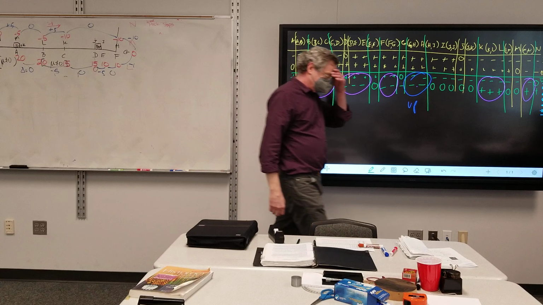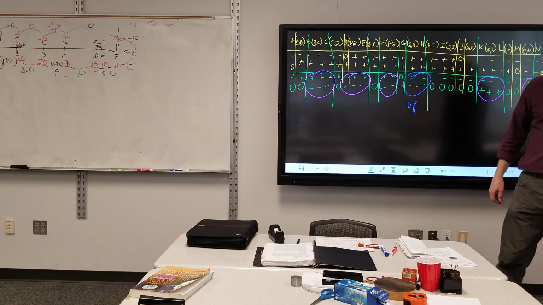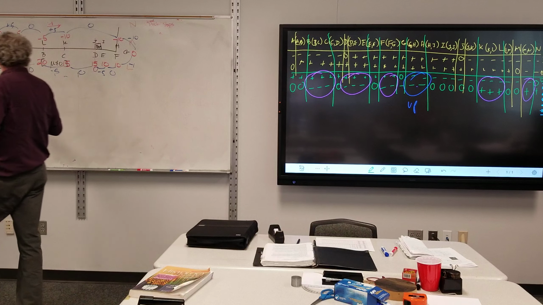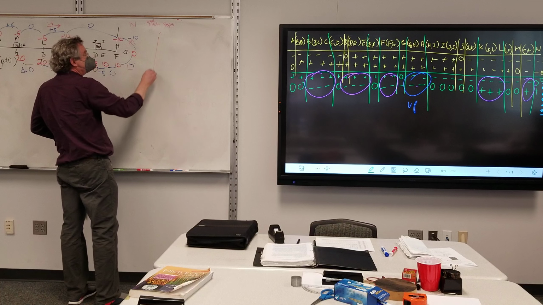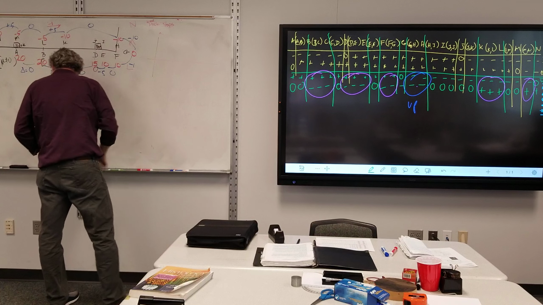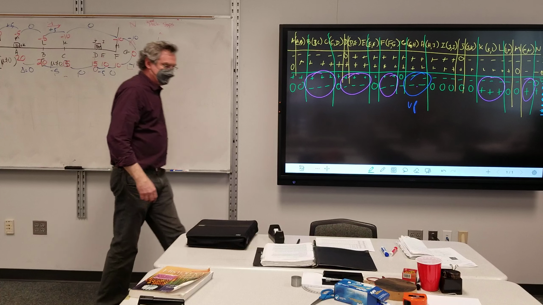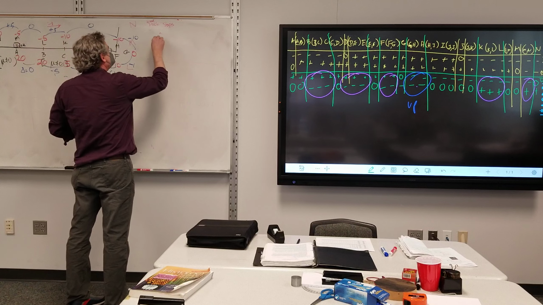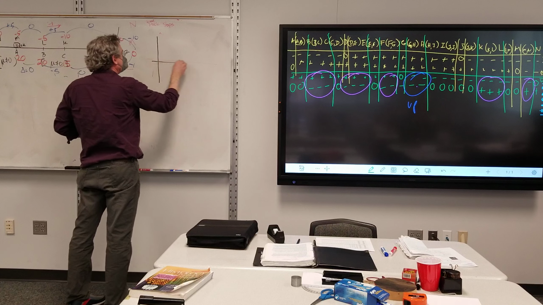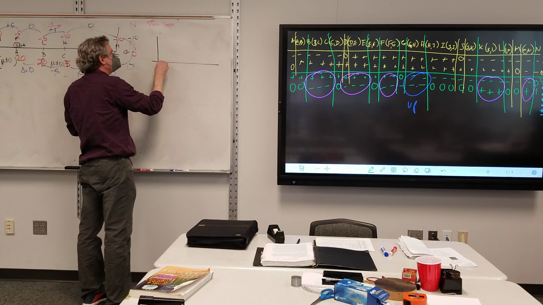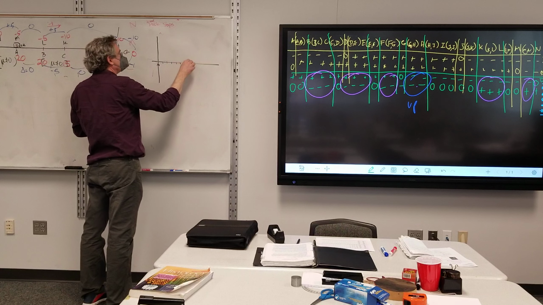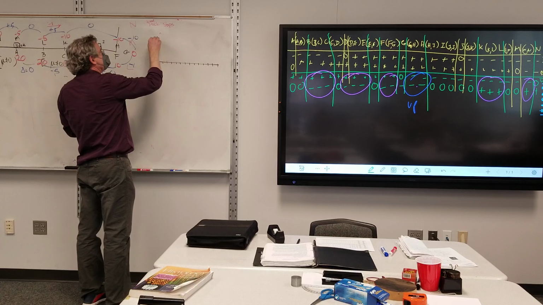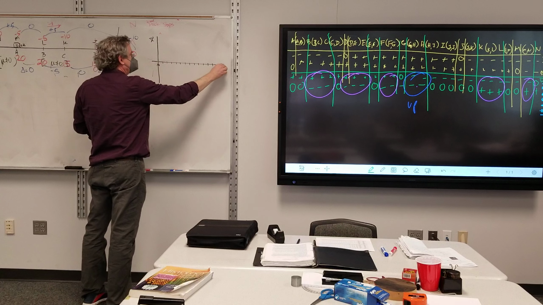Now this is a sketch. What I provide for you is a graph with the letters. Let's do it over here. So A, B, C, D, E, F, G, H, I, J, K, L, N. This is position, versus time.